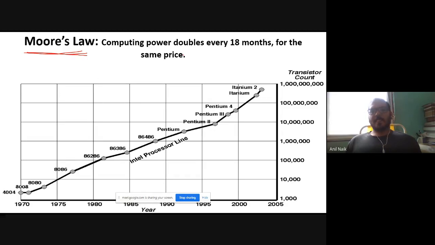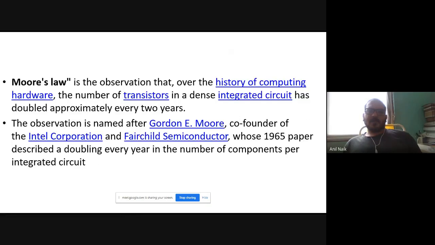Moore's law: I think you know it, computing power doubles every 18 months for the same price. Moore observed that over the history of computing, the number of transistors in an integrated circuit has doubled approximately every 2 years.